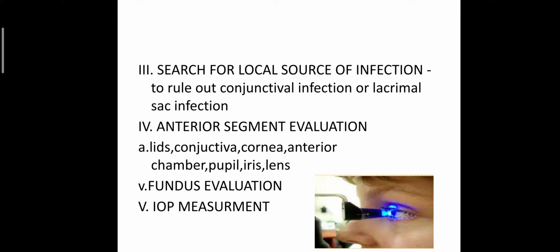And search for local source of infection, like if the patient is having any lacrimal abscess or any conjunctival infection.